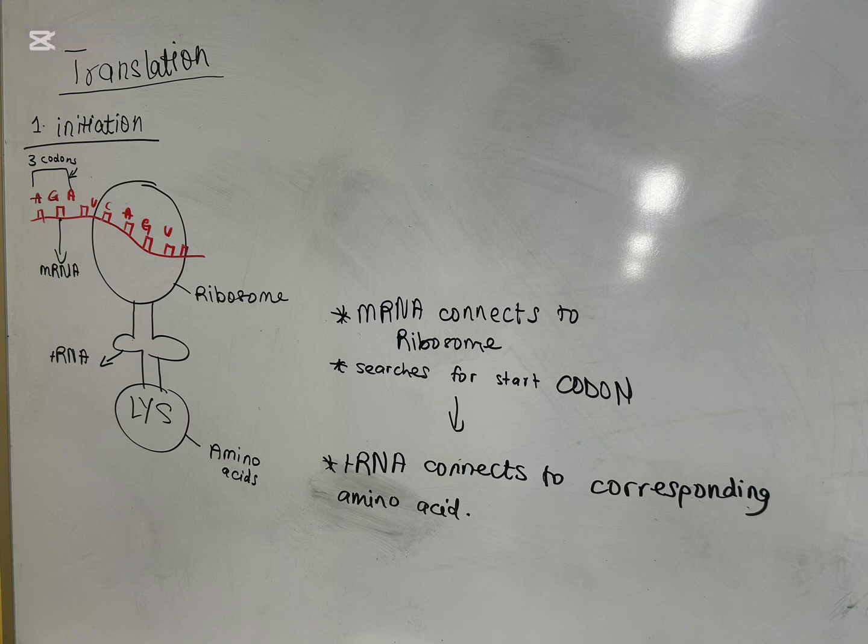So on the diagram above, you could see that I pointed out which 3 nucleotides were the codon, AGA, and I also pointed out the mRNA, the tRNA, the ribosome, and the strand which the codons are attached to.